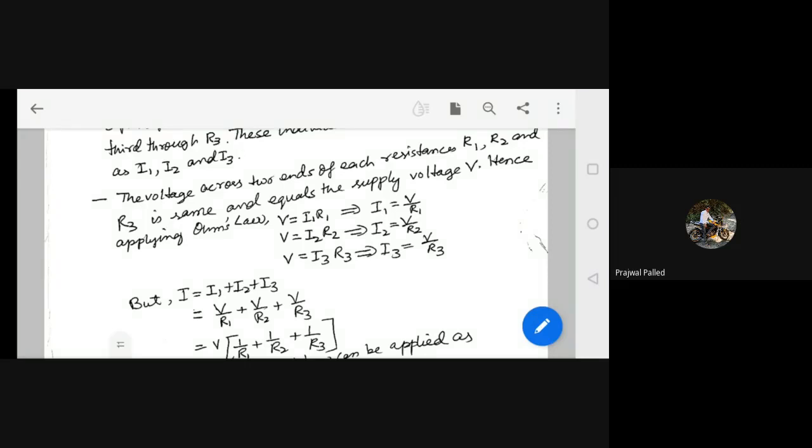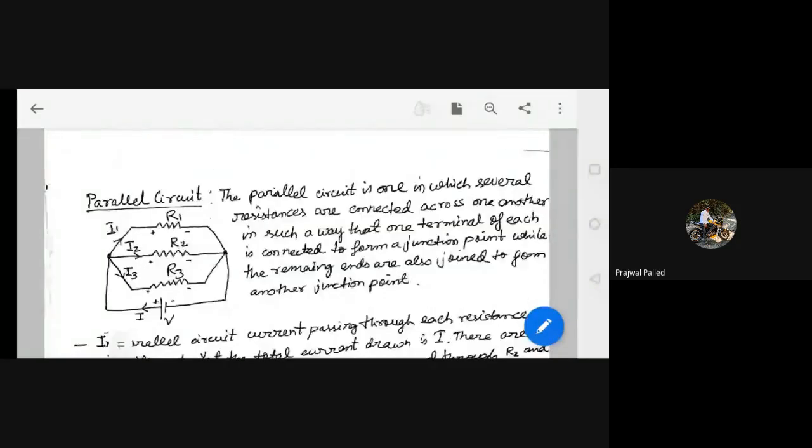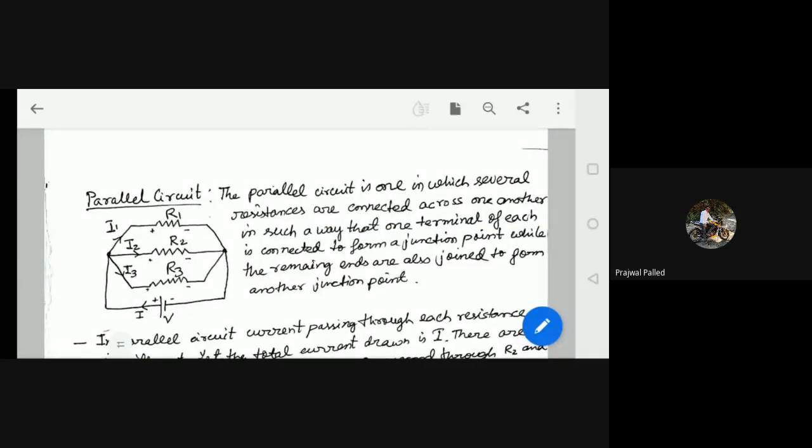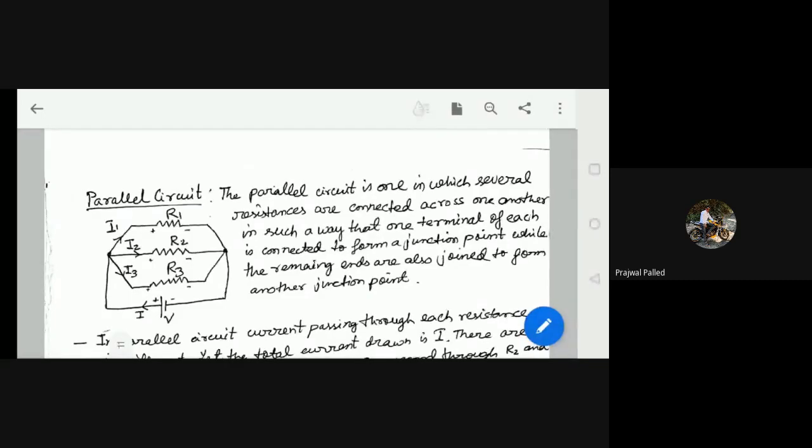But capital I is the main current which is divided into I1, I2, I3. So obviously the sum I1 plus I2 plus I3 is capital I, because it is divided into three parts.